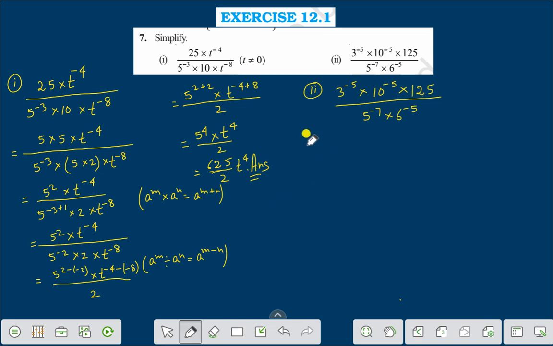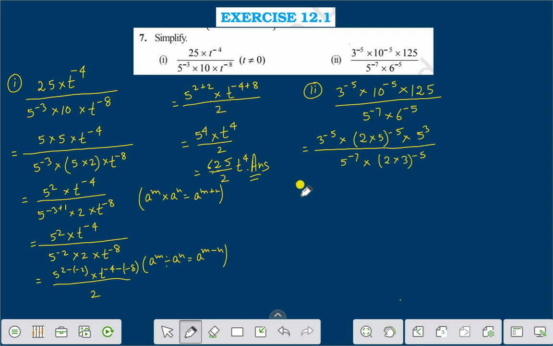Therefore, you can write here 3 to the power minus 5 into 10, which can be written as 2 into 5, to the power minus 5, into 125, which can be written as 5 to the power 3, divided by 5 to the power minus 7 into 6, which can be written as 2 into 3, to the power minus 5.